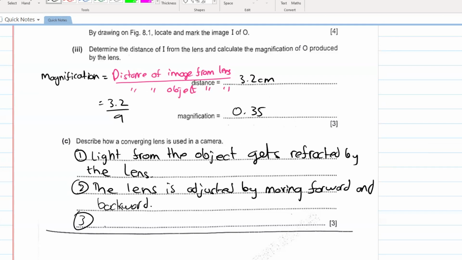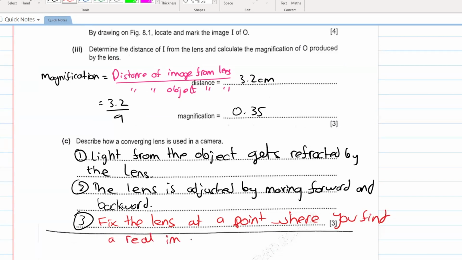Third point, adjust or place or fix the lens at a point where you find a real image. Simple. Let's move on to the next question.